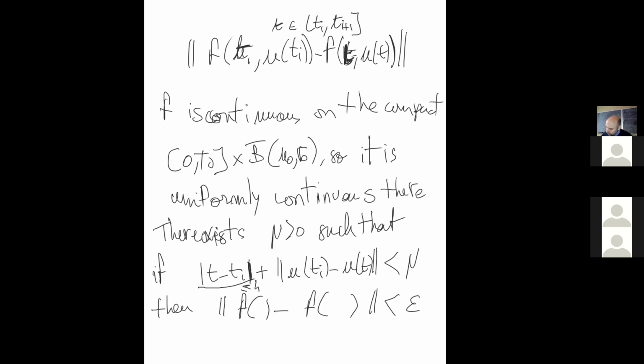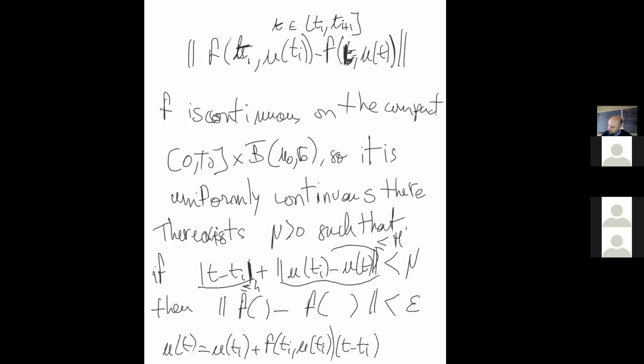And then u(t) is u(ti) plus f(ti, u(ti)) times (t minus ti). So if I put u(ti) on the left-hand side, I take the norm, I get that this quantity is less than M times h, because I know that the norm of f is less than M from my previous computations and assumptions.